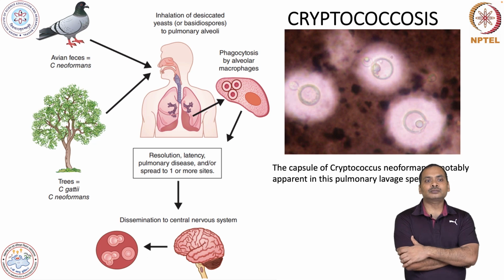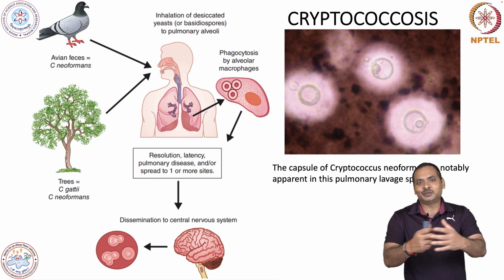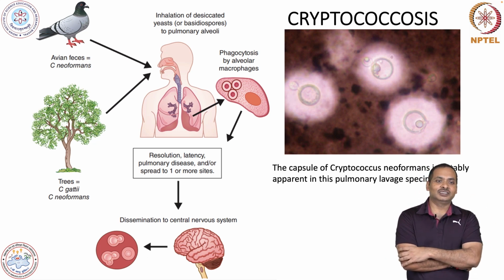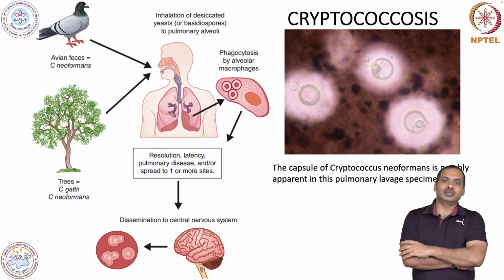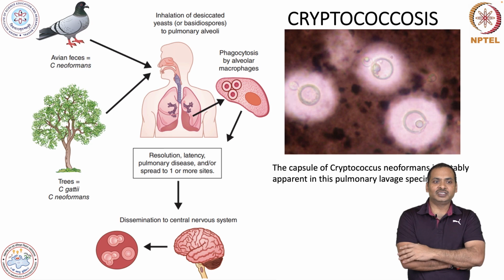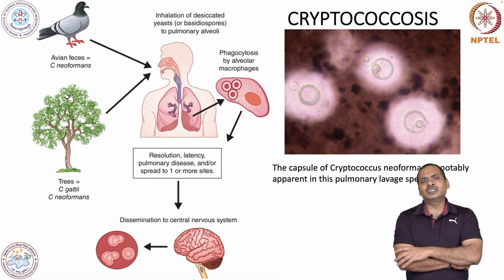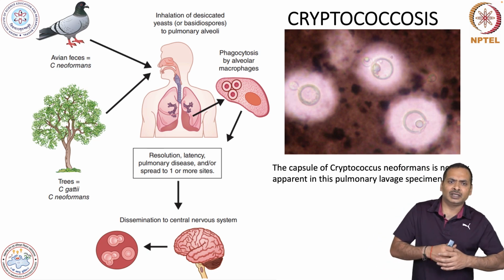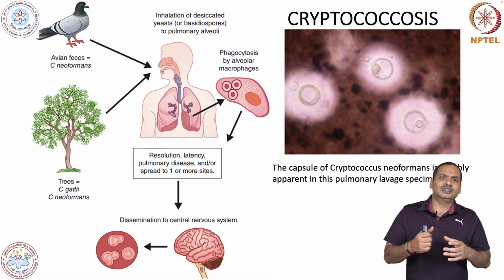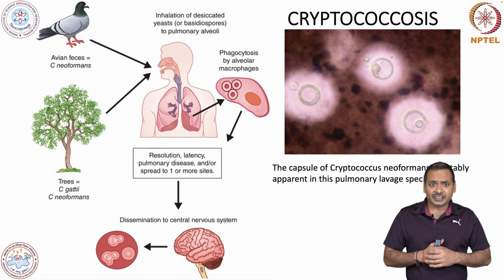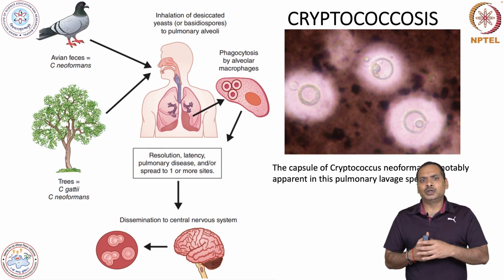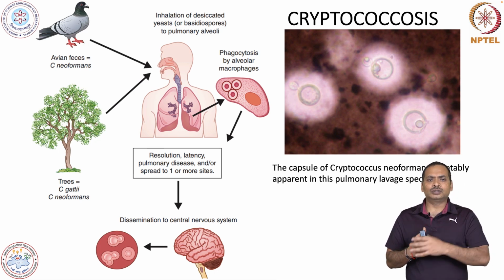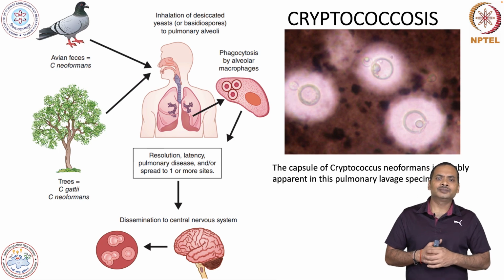Here I am presenting the life cycle of this fungus. Basically, you can see that Cryptococcus neoformans is coming from pigeon feces, and the desiccated yeast is inhaled into the pulmonary alveoli. This can also come from trees.